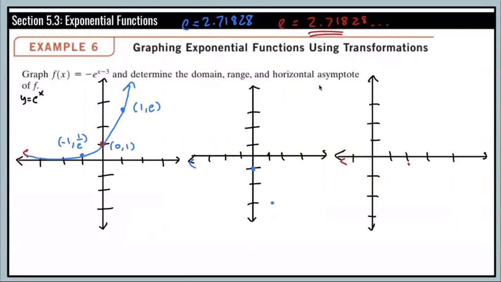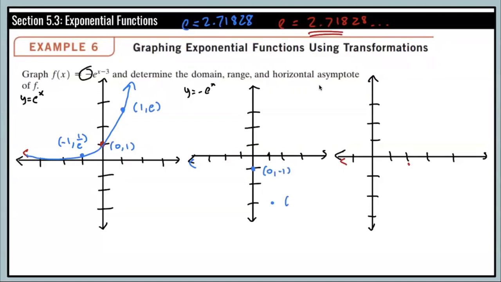Okay. Then you're going to want to do, you see this negative on the outside? That's going to reflect across the x-axis. So now we're going to graph y equals negative e to the x, right? So that's going to shift our graph. So instead of having 0, 1, you're going to have 0, negative 1.